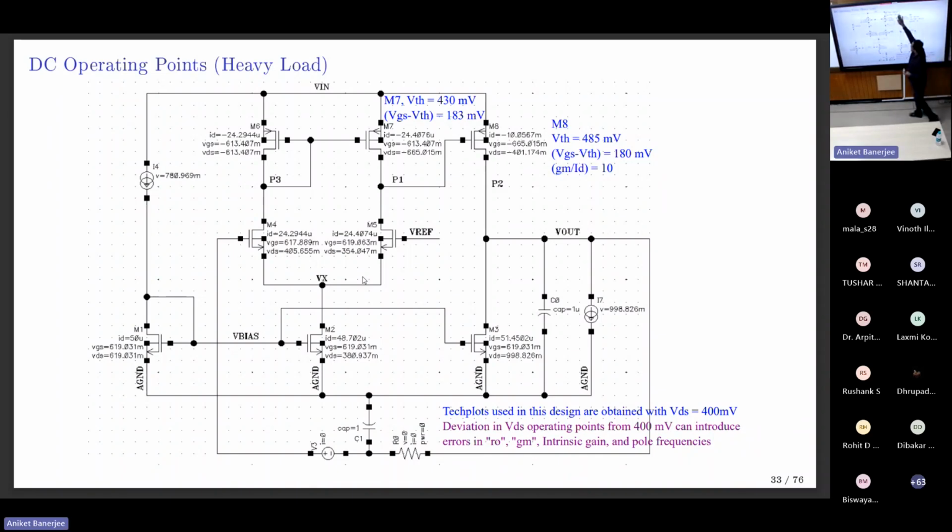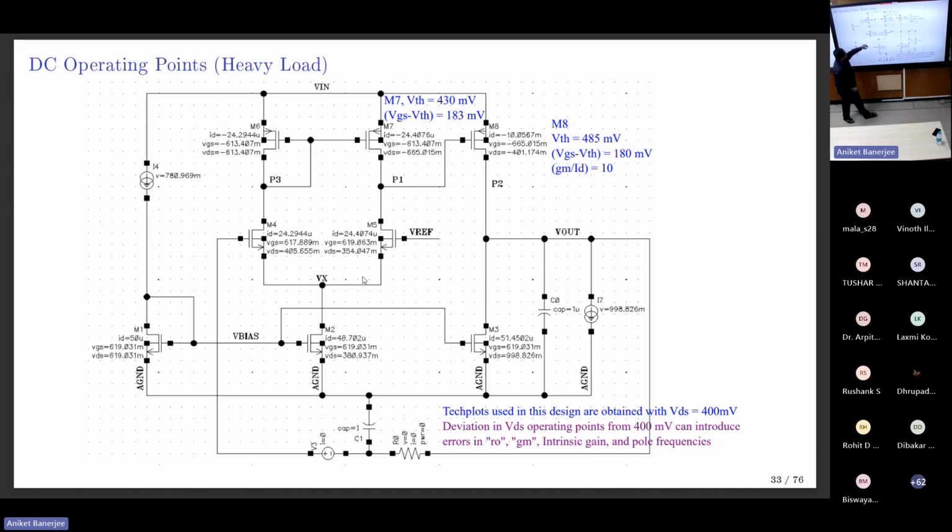So this is the PMOS load. This is the tail current source. This is 50 microampere, 1:1 current, 15 microampere. All this is also designed with GM by ID around 10. So this VGS is 620, around say 485, you will get around 150, 160 millivolt overdrive voltage, which is again an error source that we don't look at. This is okay.